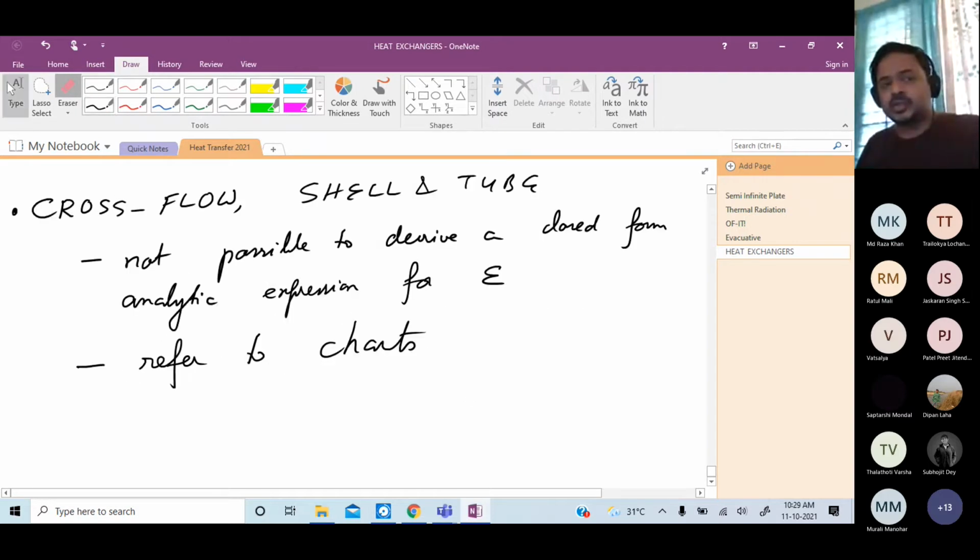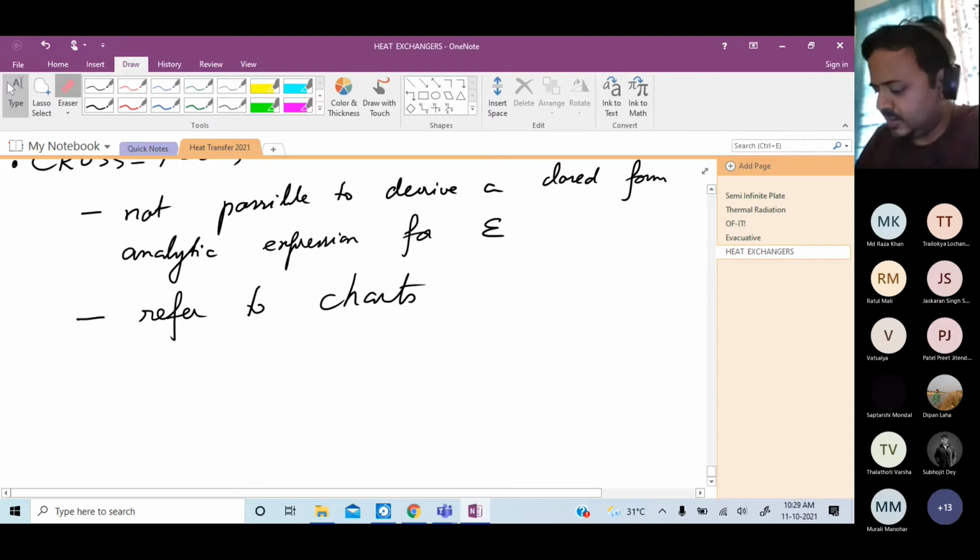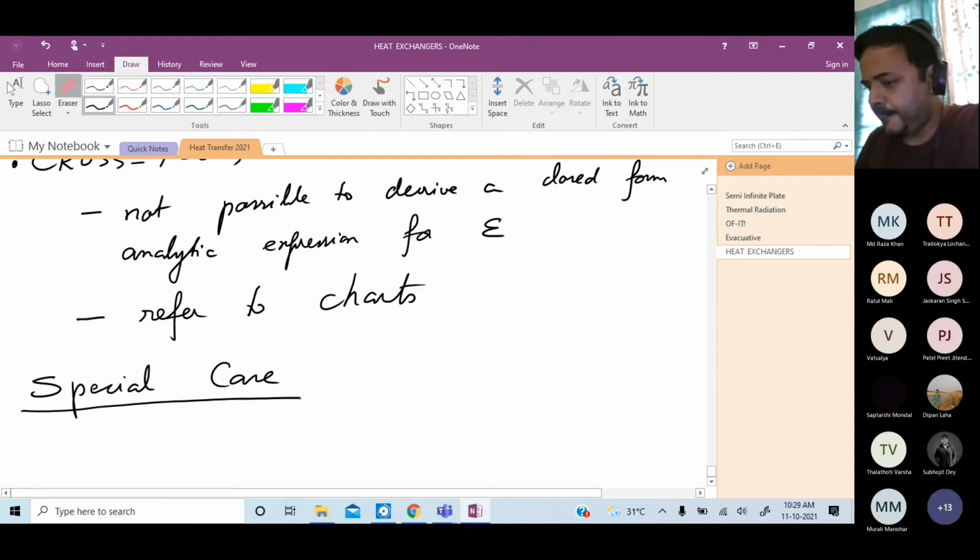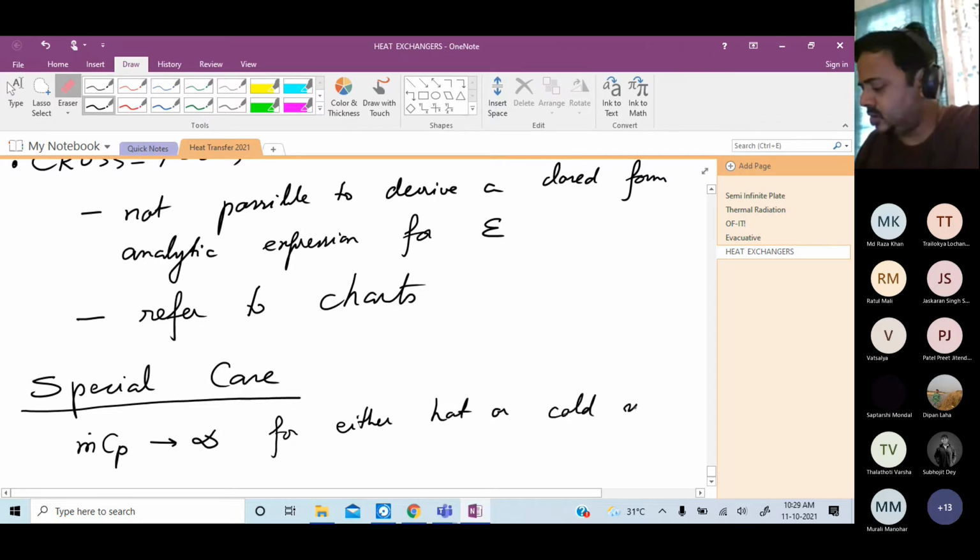Now what we will do is we will do that special case. What is the special case? Special case is m dot Cp tends to infinity for either hot or cold side.